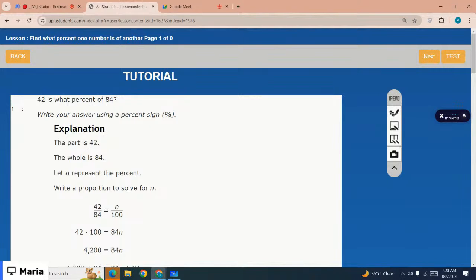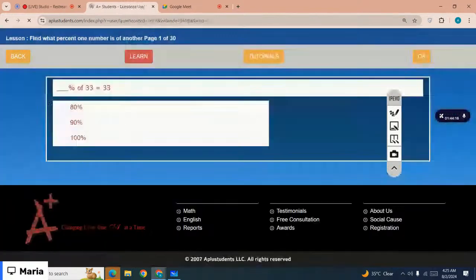Okay, let's just start with the test questions. What percent of 33 equals 33?